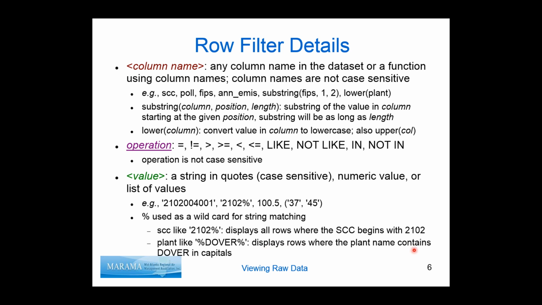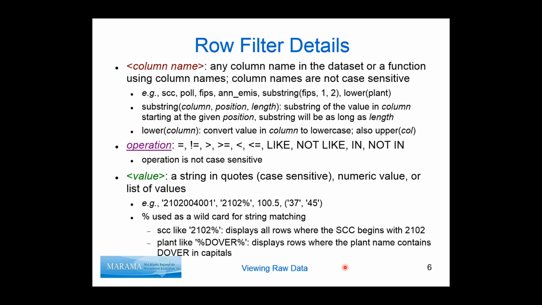That's going to display rows where the plant name contains Dover, because we're basically saying it can have anything, then I want to see the word Dover, then anything else. So this will just be a generic contains. If the string has the word Dover anywhere in it, this will match it. Now note, this is case sensitive, so it would only match plants where the word Dover is all in capital letters.